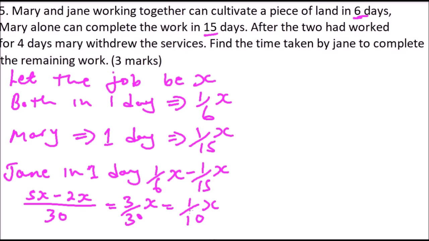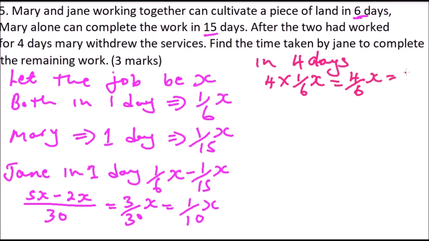Therefore, in 4 days, they will do 4 multiplied by what both of them can do in 1 day. So this will give you 4/6x, which is the same as 2/3x.